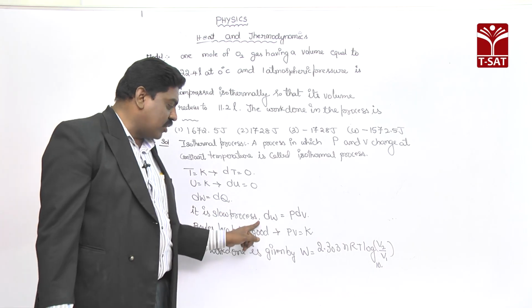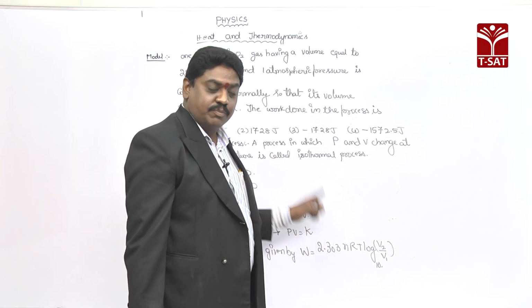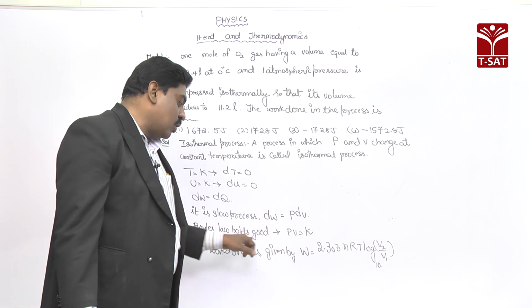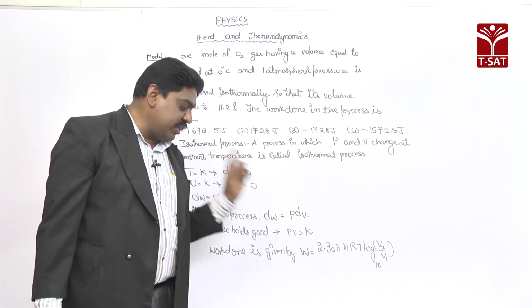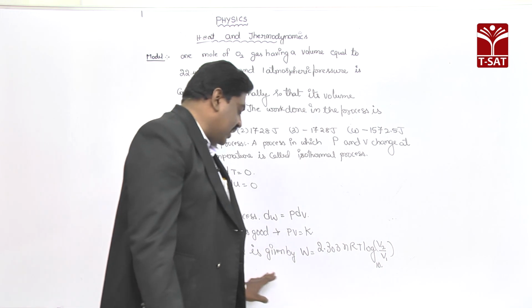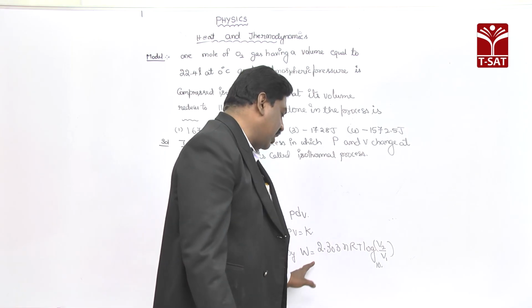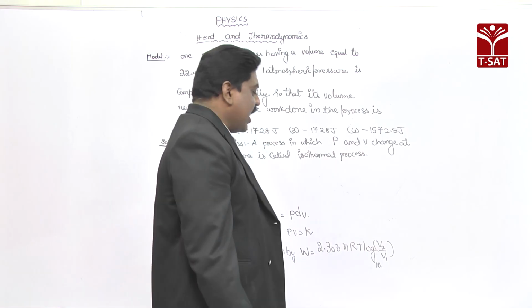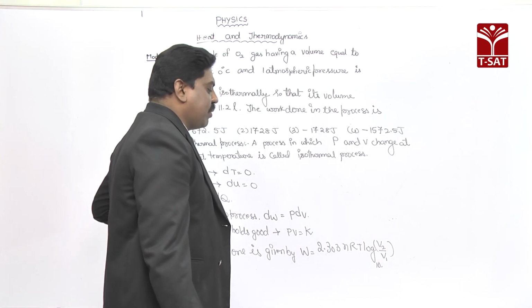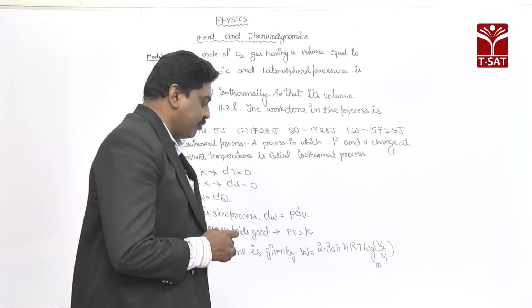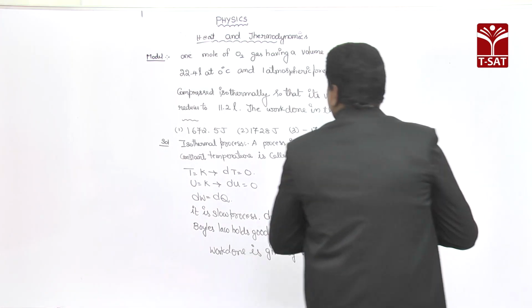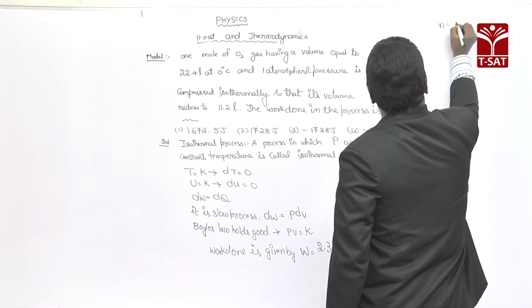It is a slow process and the work done is given as PdV. Boyle's law holds good. It means PV equals constant and the work done is given by the formula W equals 2.303 nRT log V2 by V1 to base 10. And now here n is given as 1 mole.